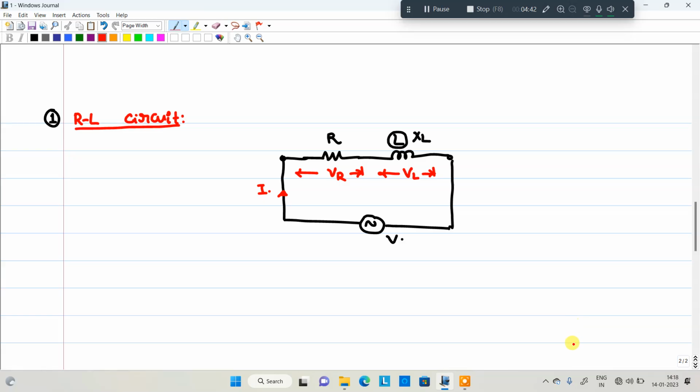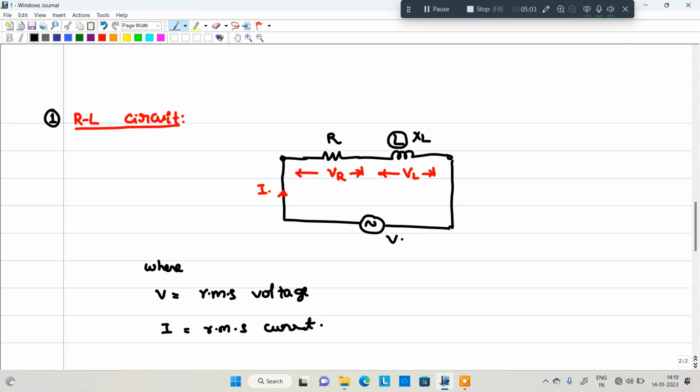In this circuit, we need to know that all the values of voltage and current are RMS values. Here in this diagram, V is the RMS voltage and I is the RMS current.